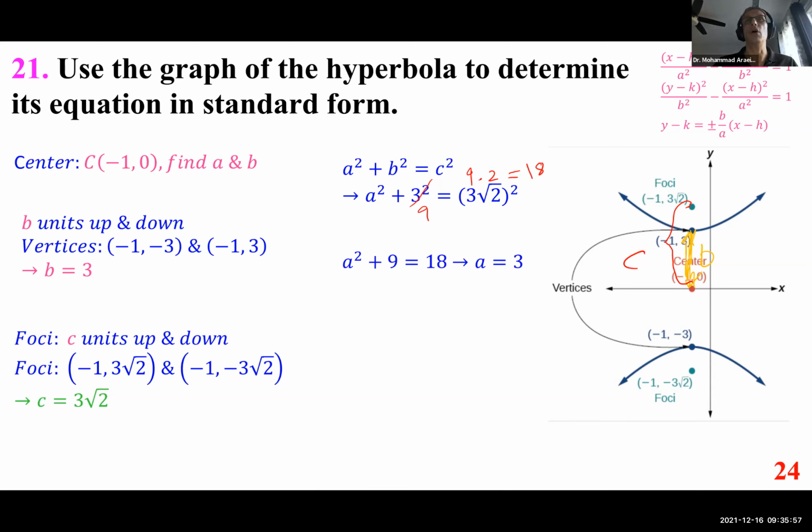So A and B are both 3. Let's put it into this equation. And we end up with y squared over 9 minus x plus 1 quantity squared over 9 equals 1.